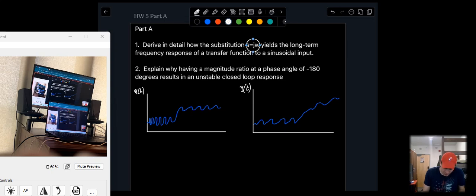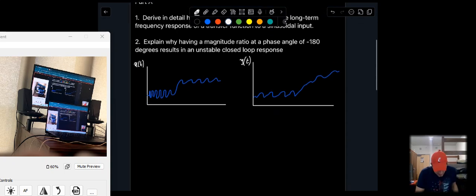What that substitution does is it yields us a long-term frequency response of our transfer function to any sort of oscillatory, whether that's sine or cosine, sinusoidal type oscillation input. So first we're going to go over why that's the case, and then we're going to define two terms as a result of this substitution. So let's dig in right here.